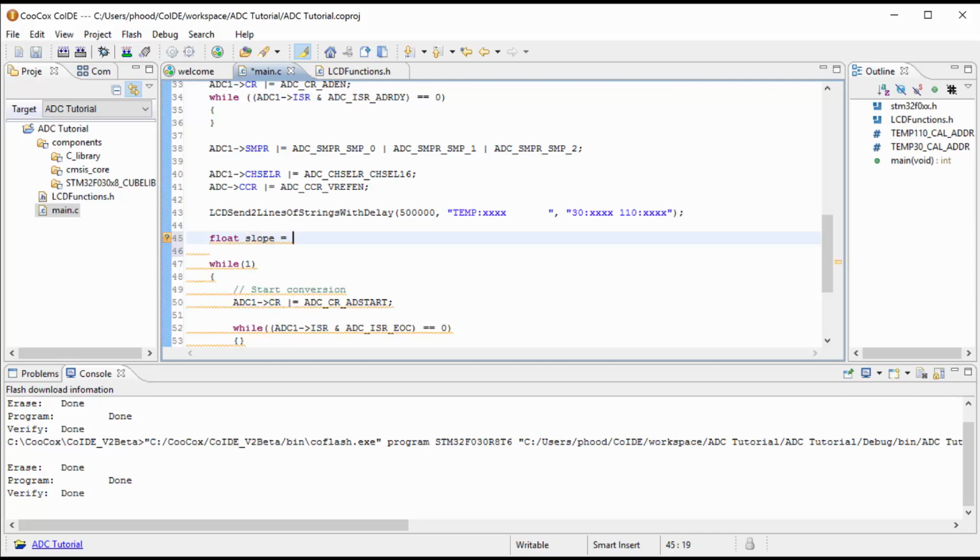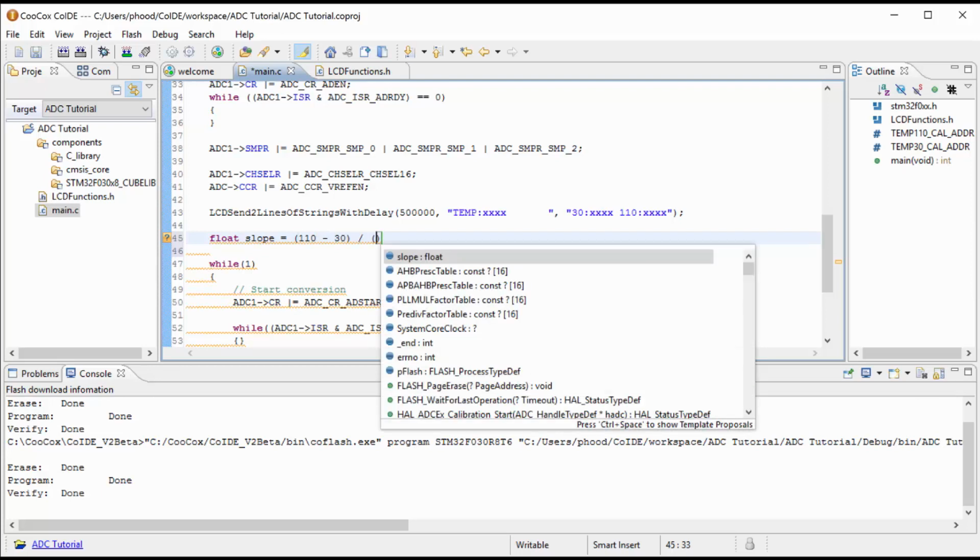So this is going to be equal to the difference in temperature, which is going to be 80. Now let's go ahead and do the 110 minus 30 just to be a little bit more verbose. And then we're going to divide that by the difference between the voltage at 30 and the voltage at 110.